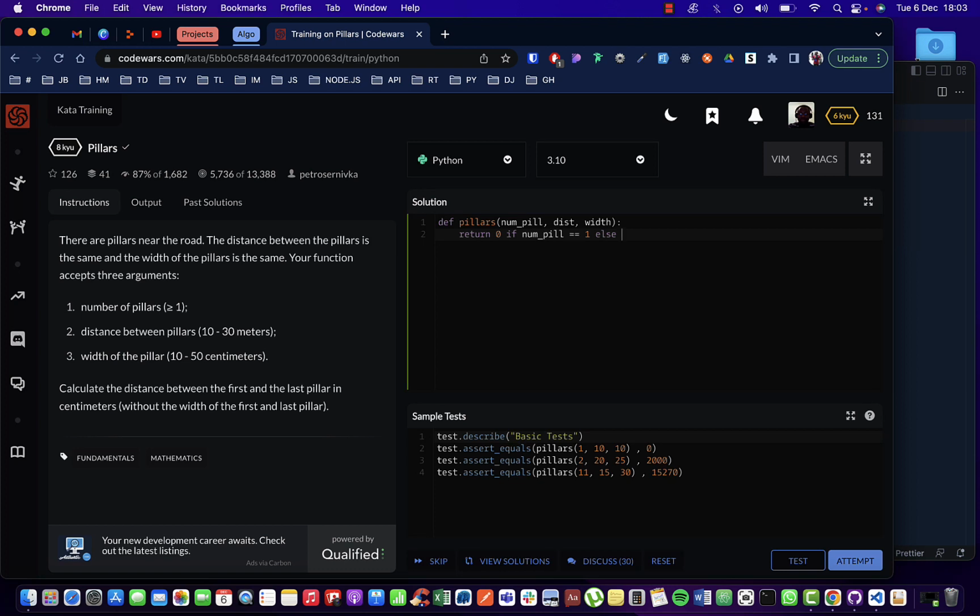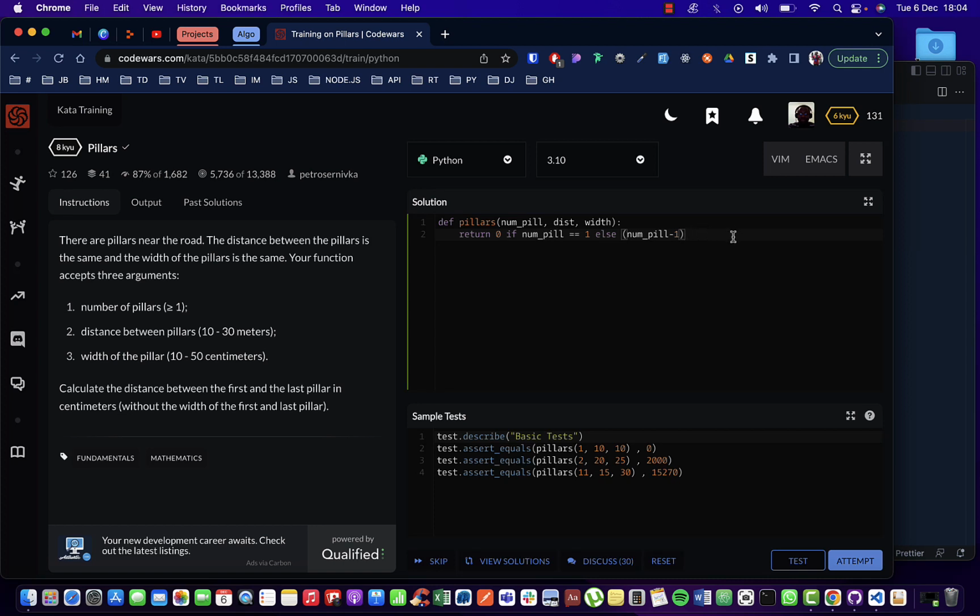So first of all, we consider the distance between the pillars. So we said num_pil minus 1, because we know that now we're considering 2 or more pillars. So when we have 2 pillars, this is going to be 2 minus 1, which is 1, and it will only consider 1 distance.